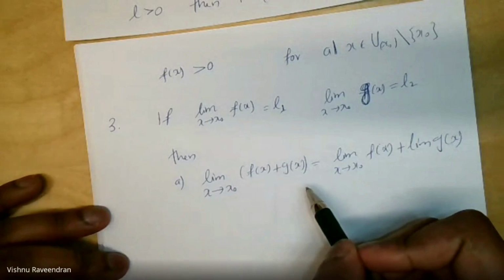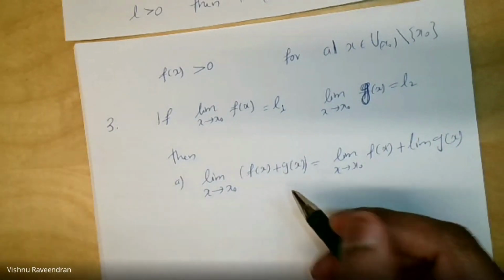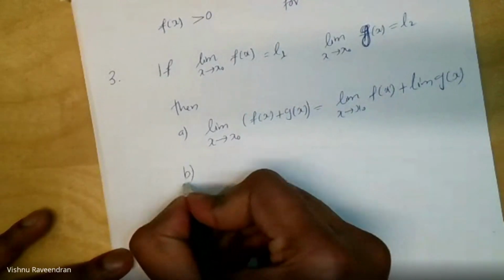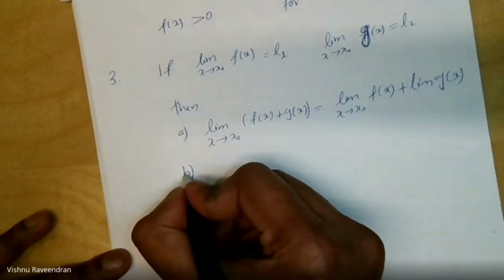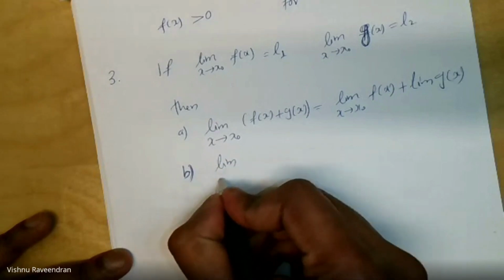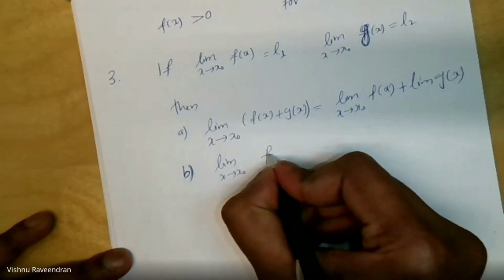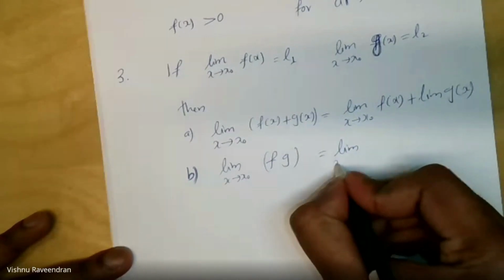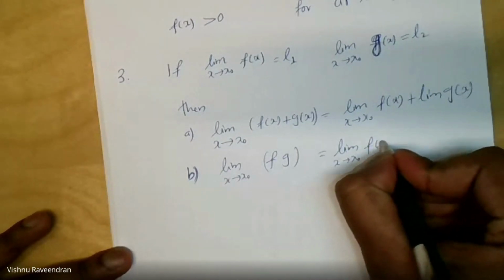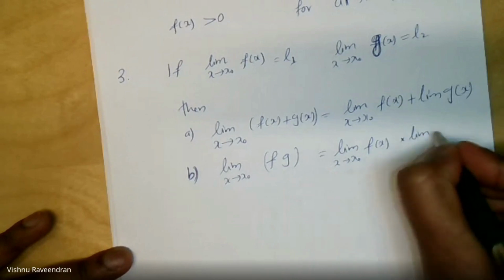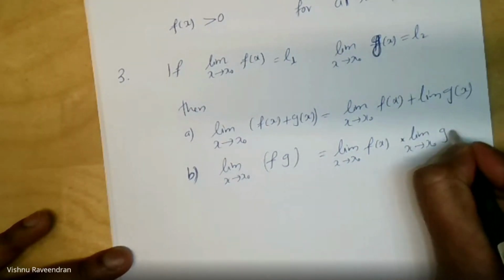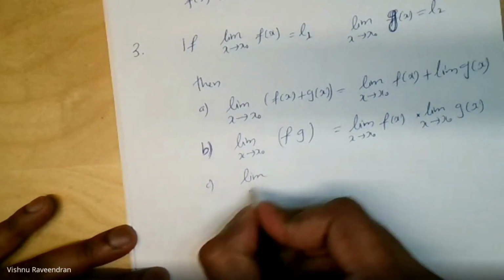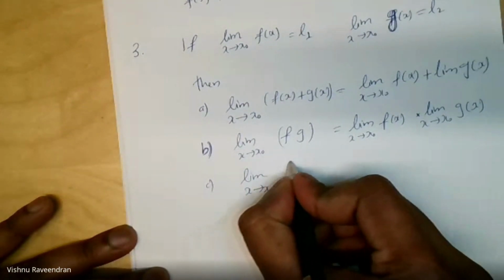This may look similar, but while doing some problems, we will come again to this theorem. We will discuss it better. Similarly, limit x going to x naught f of x times g of x equals limit x going to x naught f of x times limit x going to x naught g of x. And another thing, f by g.